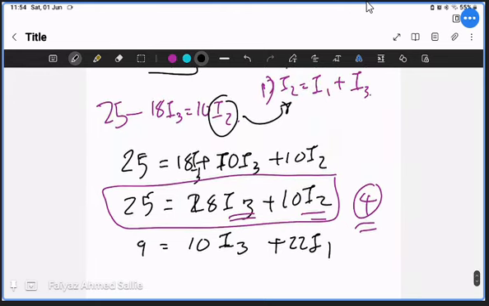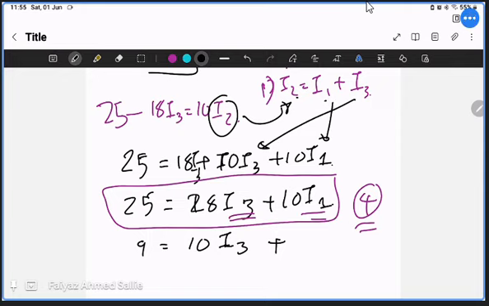Hold on a second. Oh wait, I think there's a mistake here. This is I2, I3, I1. Okay. So this is I1.